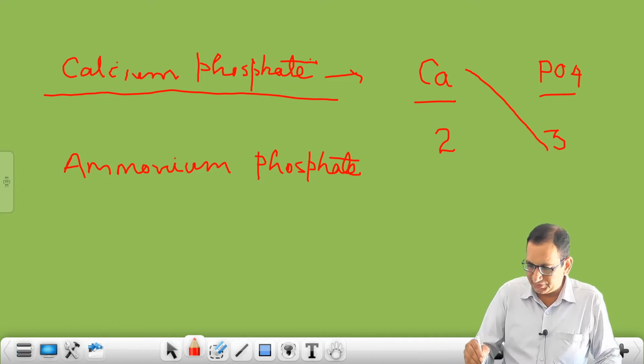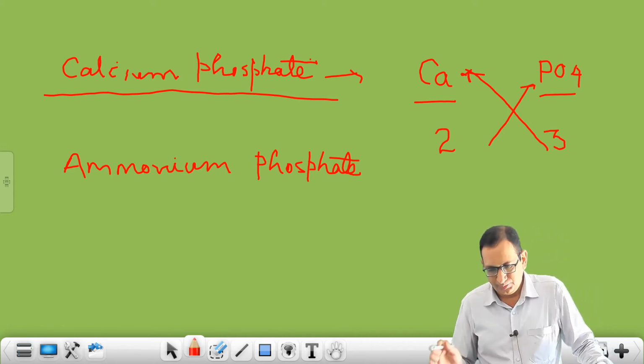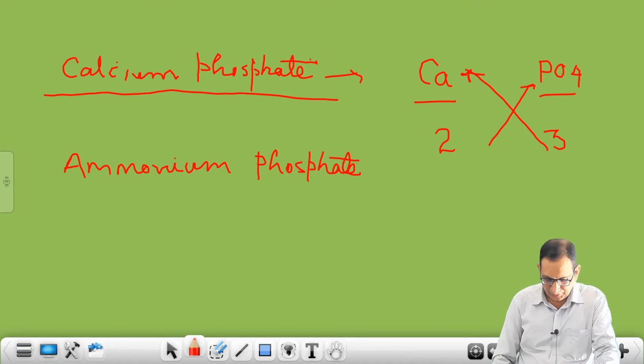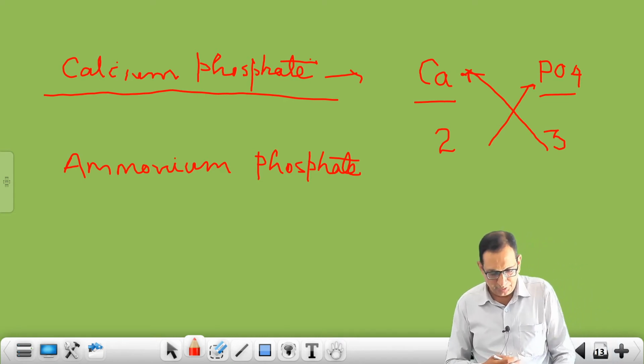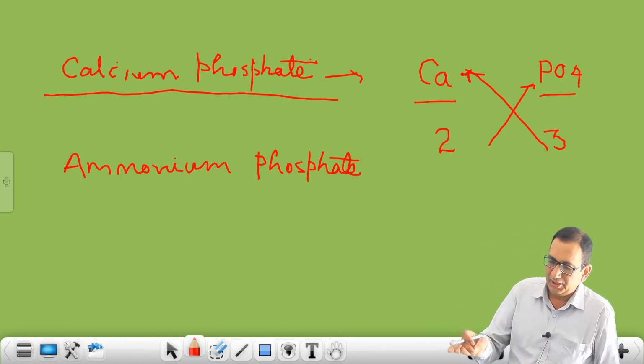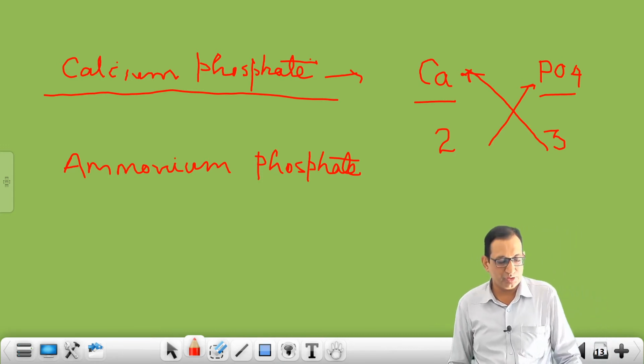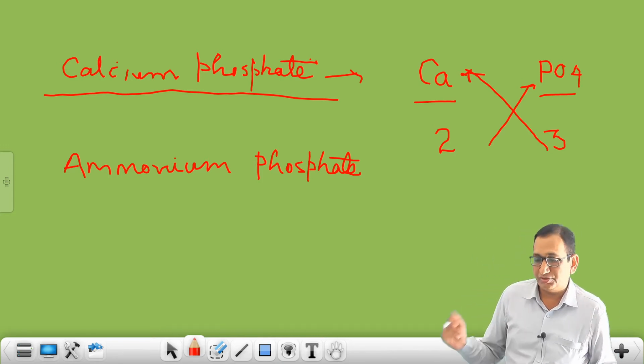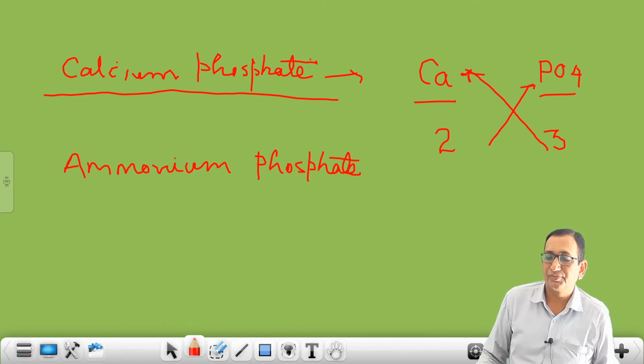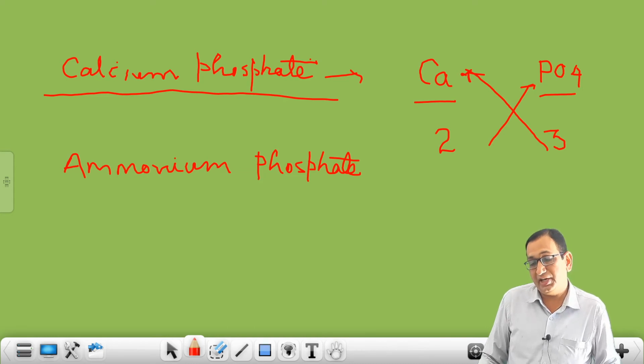If you do cross multiplication, then you have to be very careful now, because in phosphate more than 2 types of atoms are present, P for phosphorus and O for oxygen. So students, here calcium is in elemental form, but PO4 phosphate is in compound form.